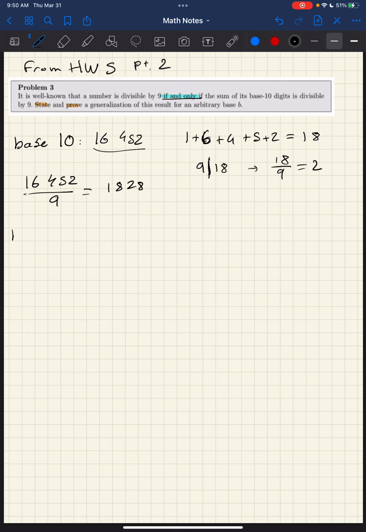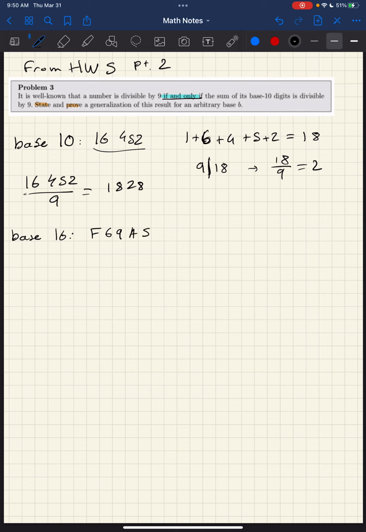And let's see what that means when we take it for any base. So let's do base 16, for example. In base 16, we can have, for example, this number, f69a5.